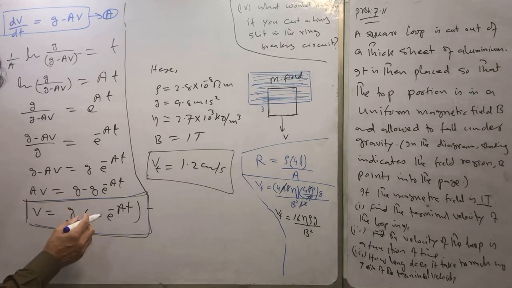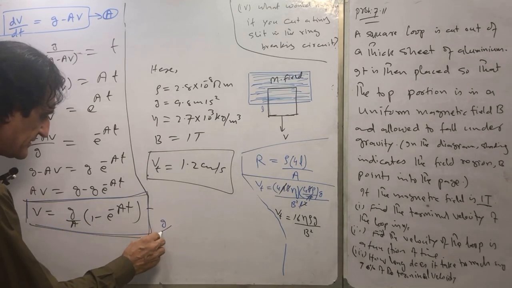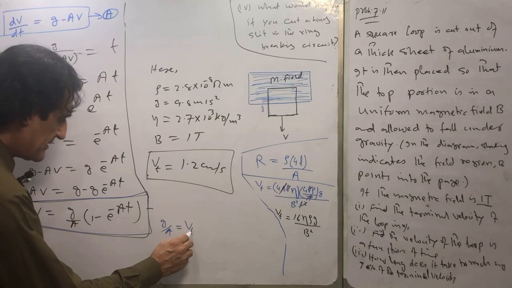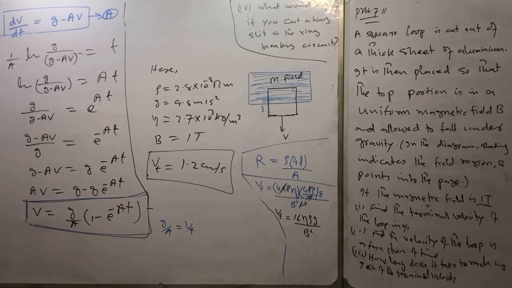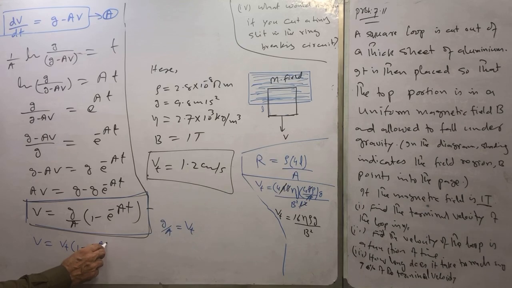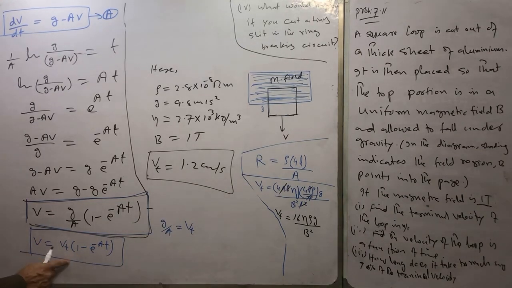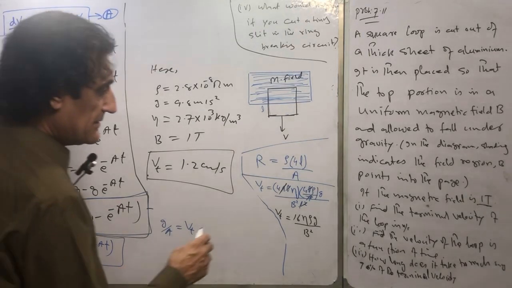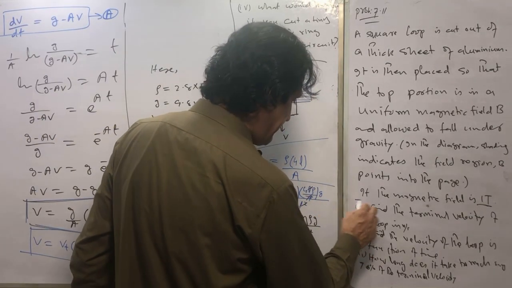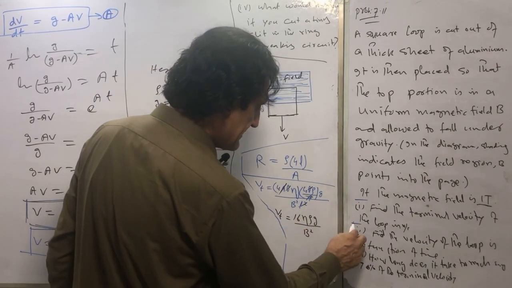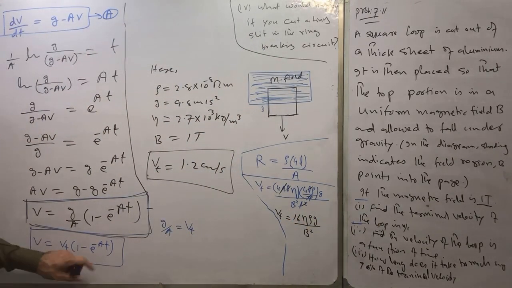G divided by a is the terminal velocity. Putting here, then v is equal to vt and 1 minus e to the power minus at. So this is the velocity, which is a function of time. The first part is this, and this is the second part, which is a function of time.